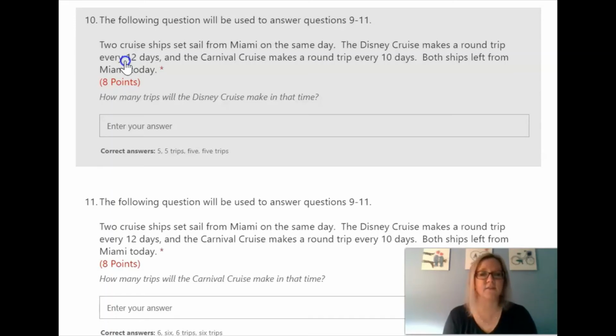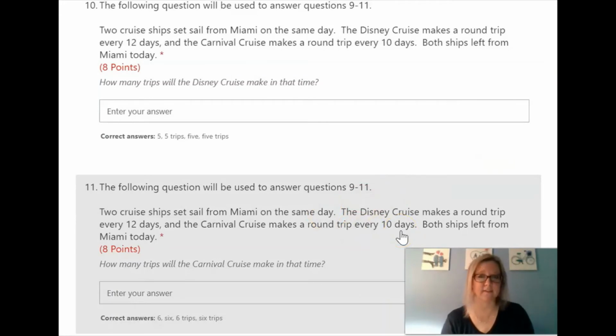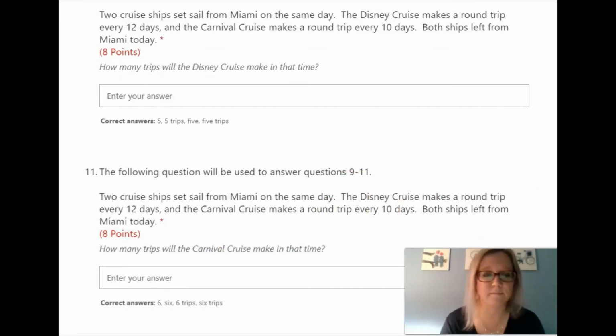And then on problem number 11, how many trips will the Carnival cruise make in that time? Again, if the Carnival cruise makes a round trip every 10 days, and it's going to take 60 days for them to be back in the same place, 60 divided by 10 is 6. Again, a common mistake is people will get these numbers mixed up on these two problems, so just go back to the problem and see what makes sense.